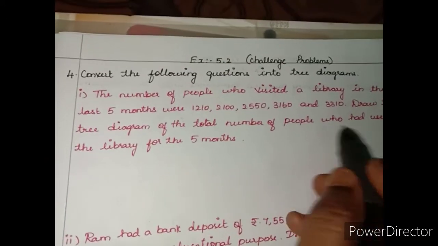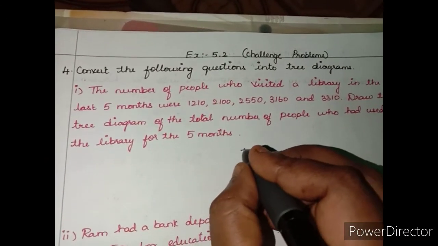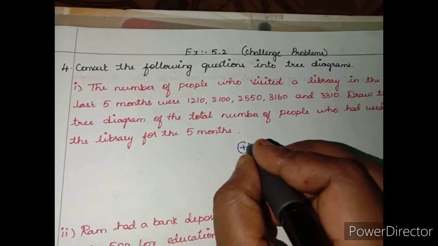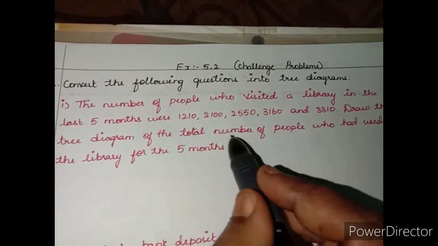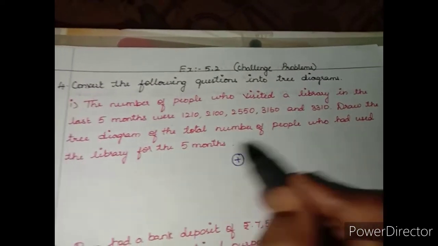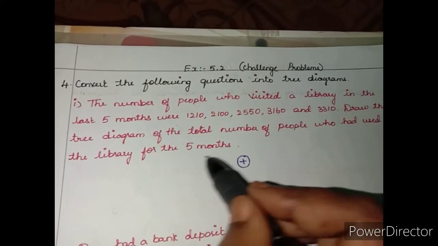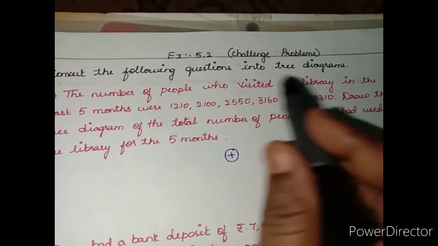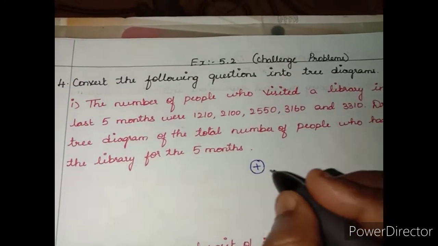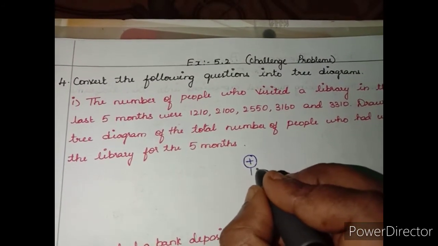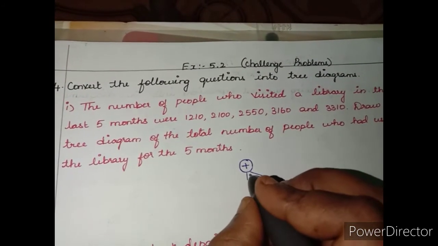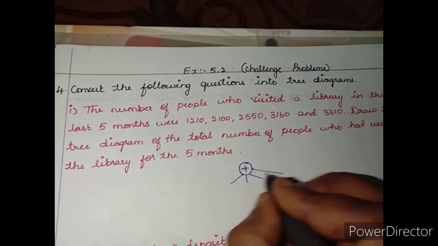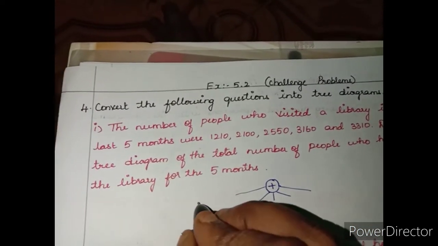So total number means the main operation is going to be addition. So total number of people who had visited the library for the last 5 months means we are going to add all the 5 things. So, what is the first one?